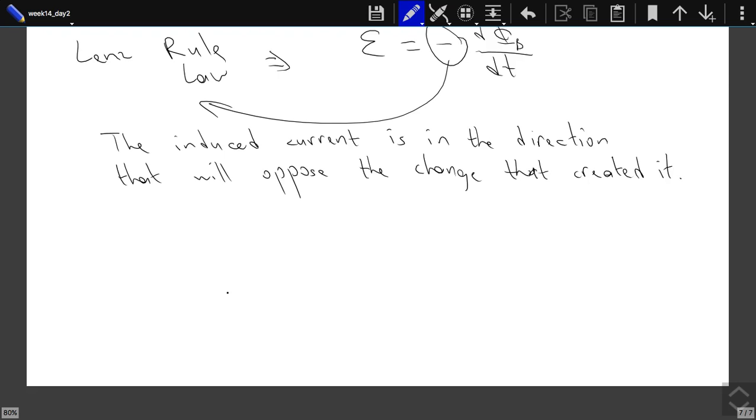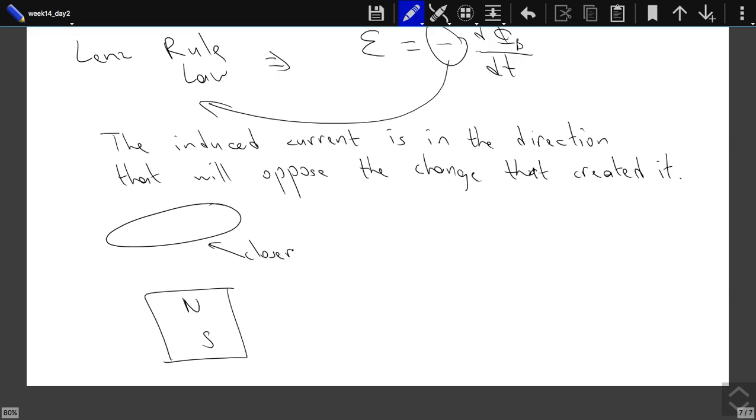So for example, let's say you have a magnet. North pole, south pole. You have a ring. This is closer to you. Now, as the magnet is moving upward, what will be the direction of the induced current?